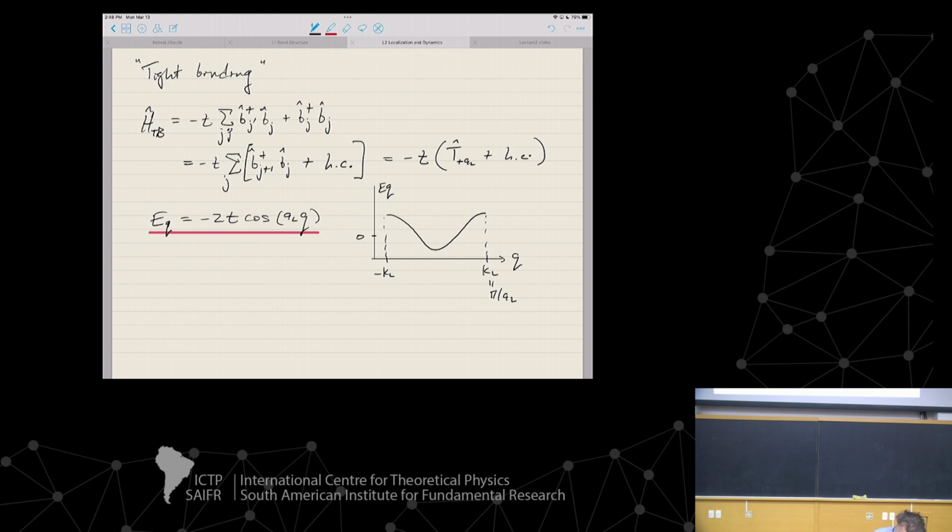So I'm shifting energy 0 there, and this goes up to 2t at the edge, and it goes to minus 2t at the middle, which is q equals 0. And so the full band width here is what we call W, and that's 4 times T. So the bandwidth of the lowest band of the tight binding approximation is 4 times the tunneling coefficient.